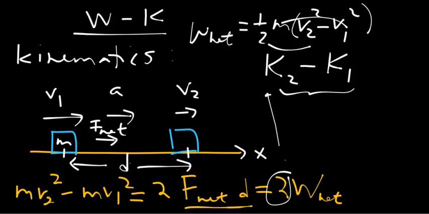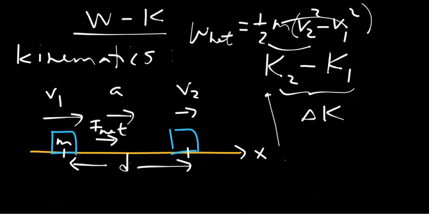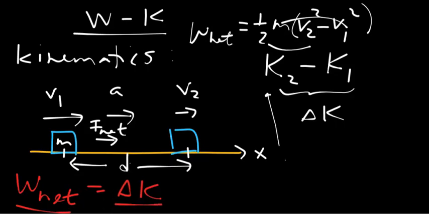So K2 minus K1 is essentially the change in kinetic energy of the object as it moves from position 1 to position 2. So that is the expression that we were looking for, which says the net work done equals the change in the kinetic energy of the object. And this expression is known as the work-kinetic energy theorem.